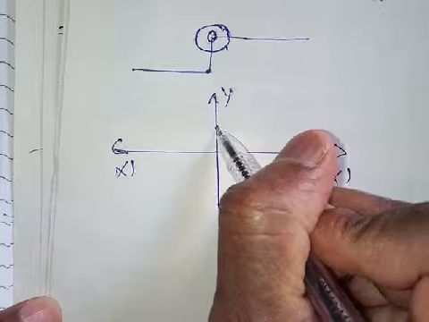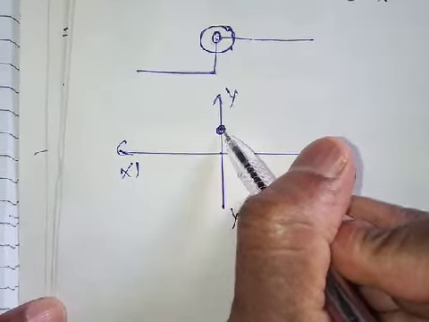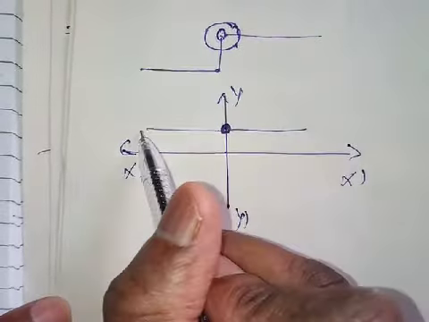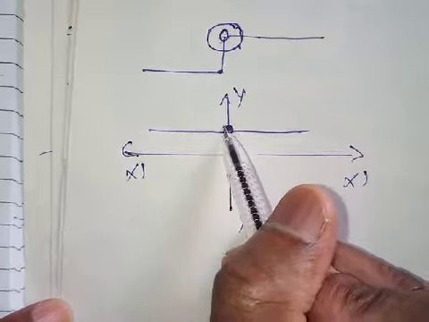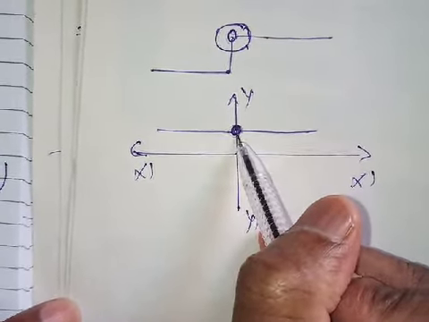At 0 it is not defined here, but it is defined on both sides. So if you make a straight line, you have to stop here and then again start.